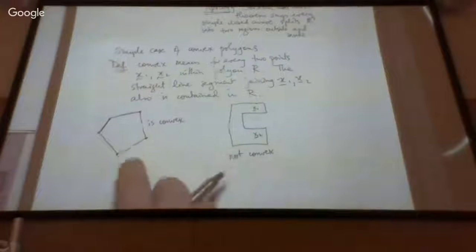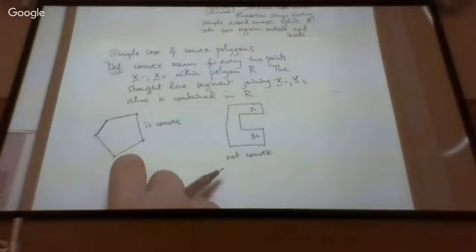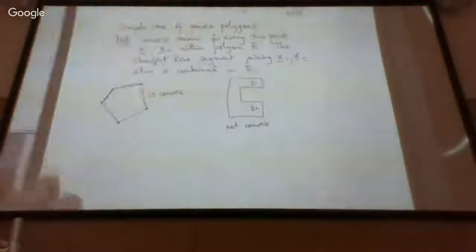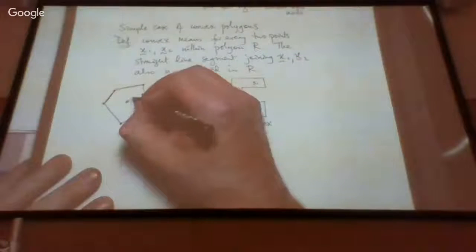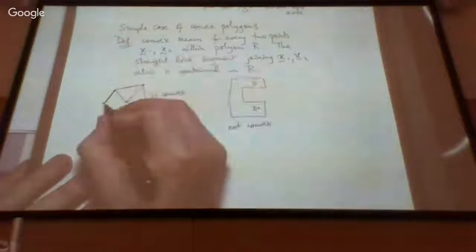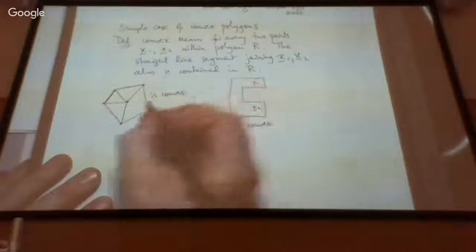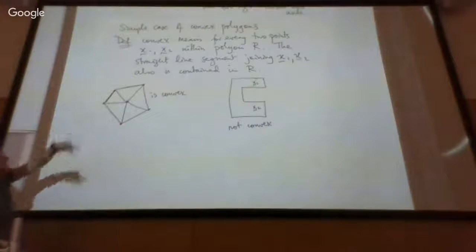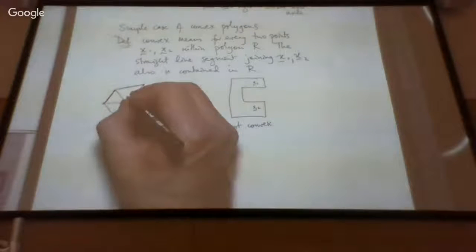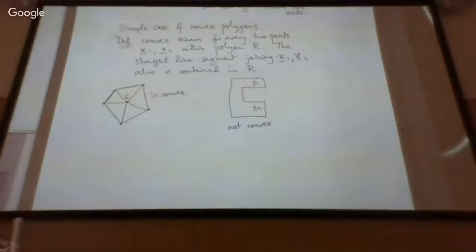Okay, so our first method is just going to apply to convex regions. And we simplify it still further by splitting a convex polygon up into a union of triangles. By taking a point in the center, we can take the centroid, joining the centroid to each of the vertices, we'll call this the centroid C. When you join the centroid C to each of the vertices, what you get is a collection of triangles.